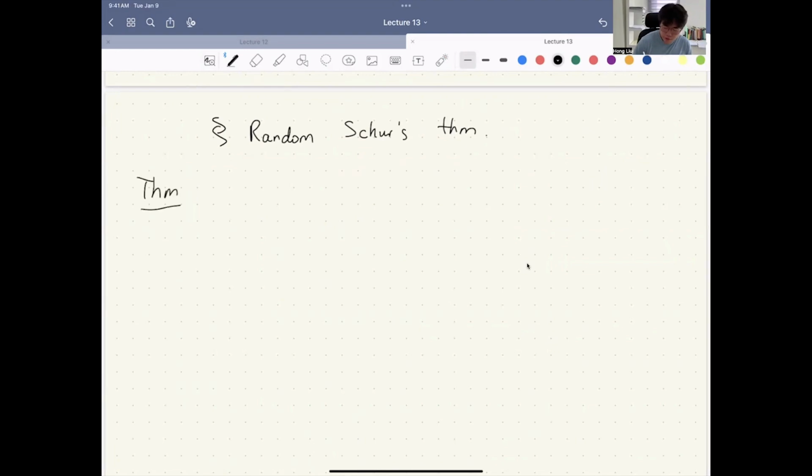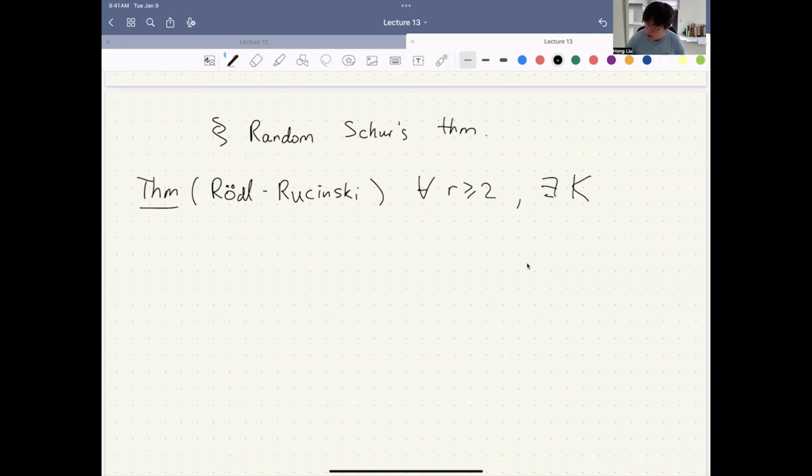This random theorem was first proved by Rödl and Ruciński. It says that for every number of colors r at least 2, there exists a K depending only on r, such that the following holds.